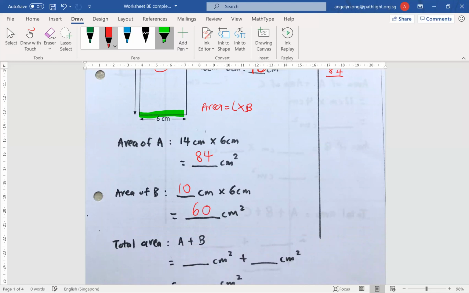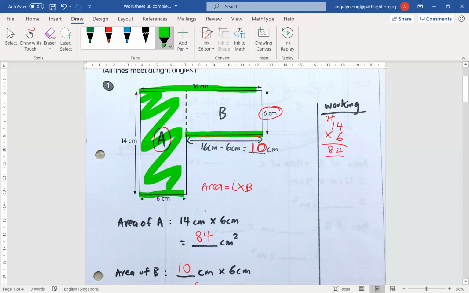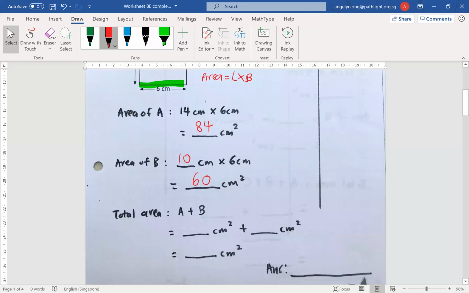Okay, so the total area of this figure is adding A plus B. Adding A plus B, and I'll get a total, right? So I add A, which we found was 84 square centimeters, and B is 60.